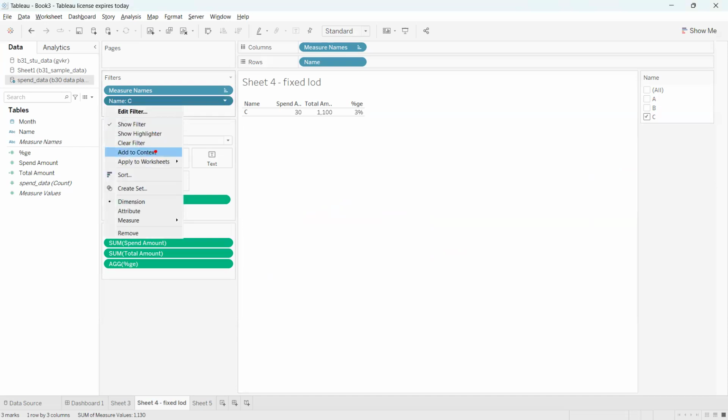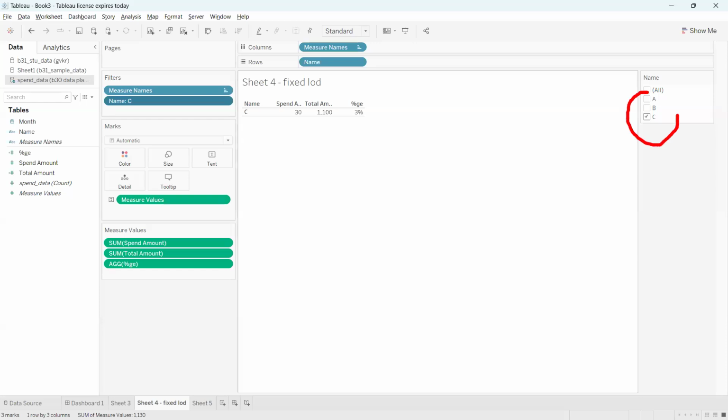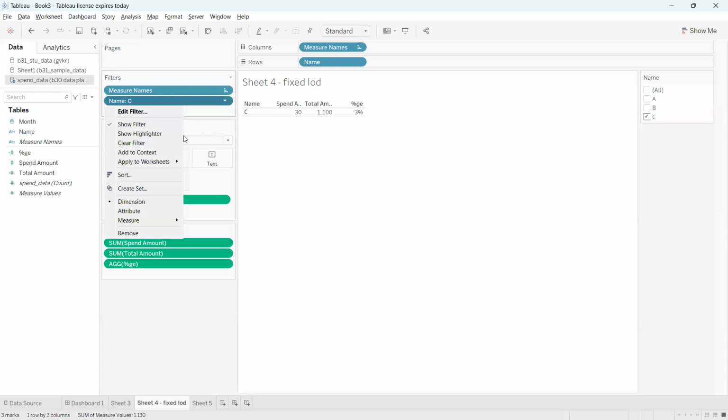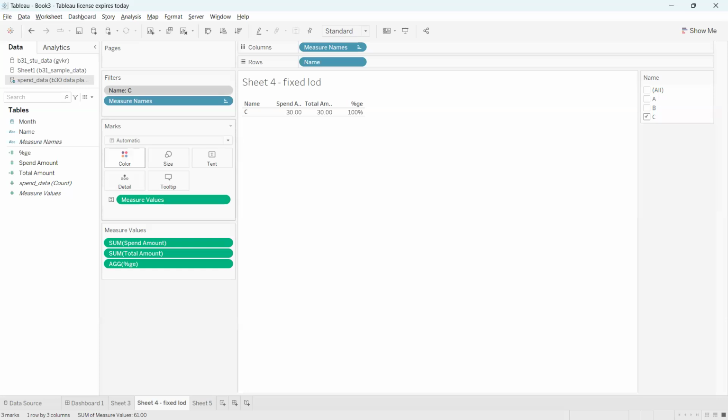You see, before changing to context, my total denominator is 1100, which is coming from the fixed LOD. The fixed LOD is not depending upon these dimension filters, because even though I unselect A and B, my denominator is not changing. If you want to change this denominator based on the filter selection, like the name filter, simply go to the filter shelf, click on the drop down and convert it into a context filter.